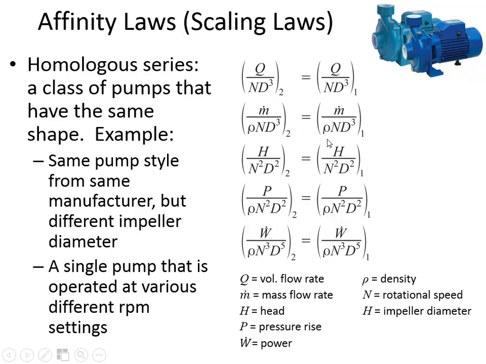But when you start squaring terms, then it's important that the units be expressed correctly. So technically the rotational speed is in radians per second. And then the impeller diameter is the outer diameter of the circular shape of the impeller that's inside of that pump.